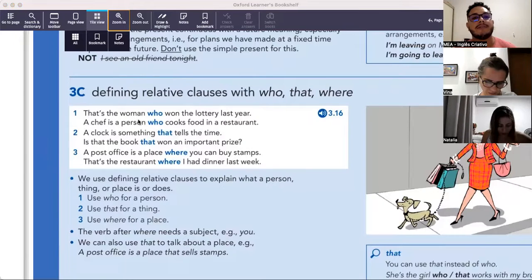A chef is a person who cooks food in a restaurant.